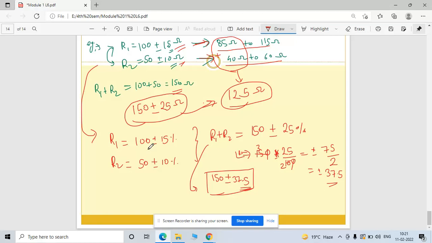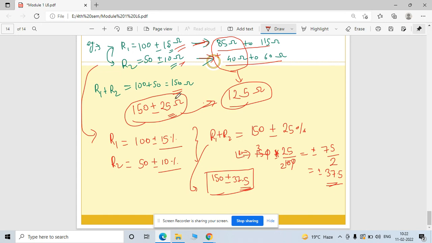But when we consider this percentage error and directly add it, you will get absolute error plus minus 37.5, but this 37.5 is greater than the actual error. So at this time this calculation goes wrong.